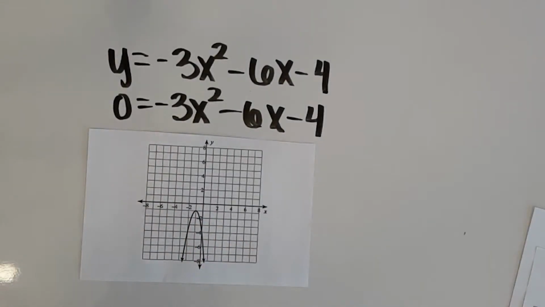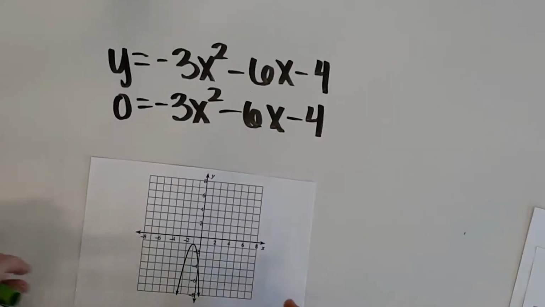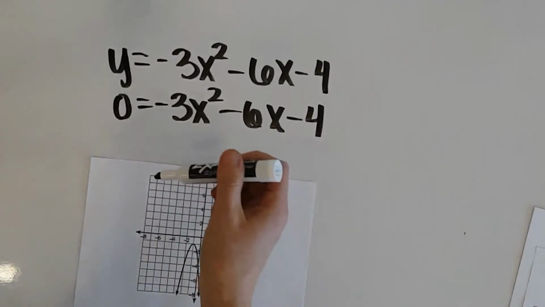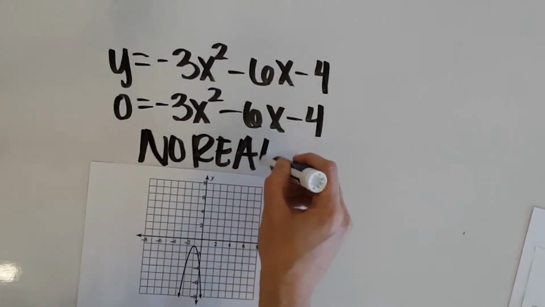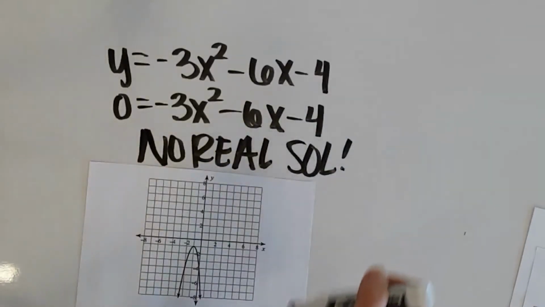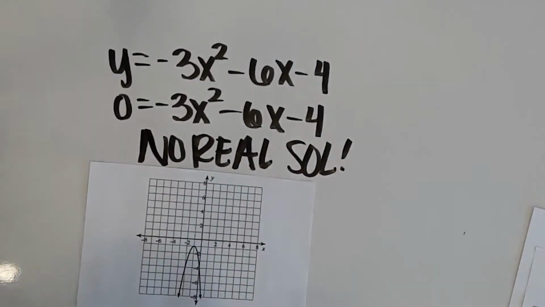So according to this graph, it doesn't have any x-intercepts, which would mean that our quadratic equation has no real solutions. If we were to have solved this algebraically using the quadratic formula, we would have found out, based on the discriminant, that we don't have any real solutions because our discriminant would have been negative. So when we have no x-intercepts, we have no real solutions.